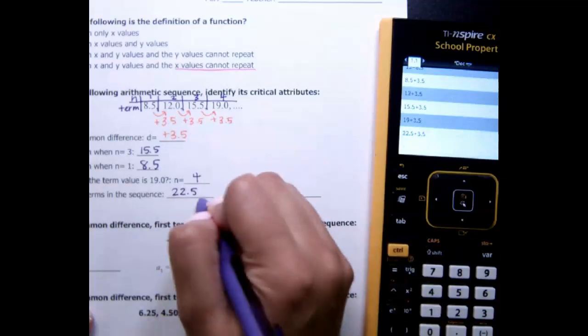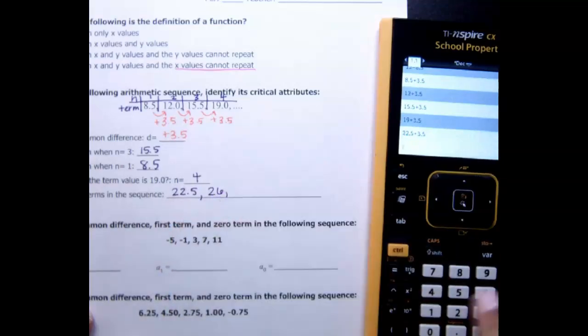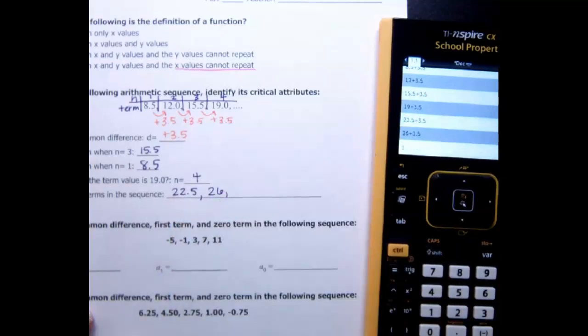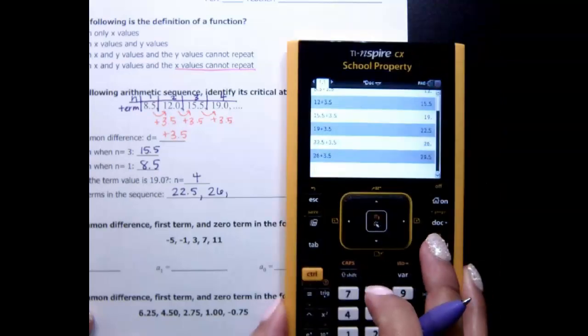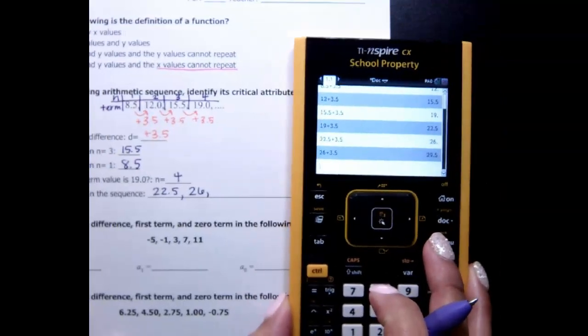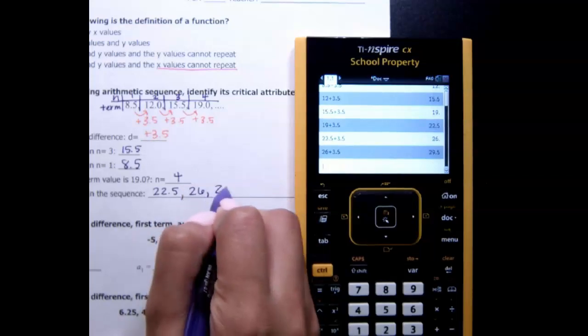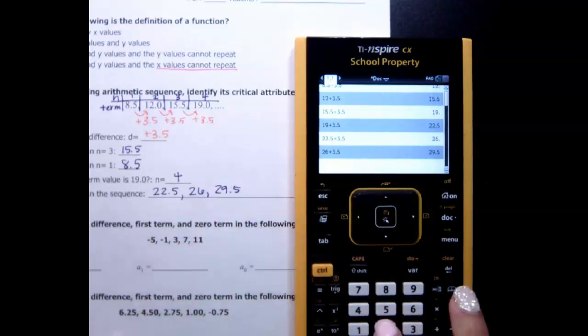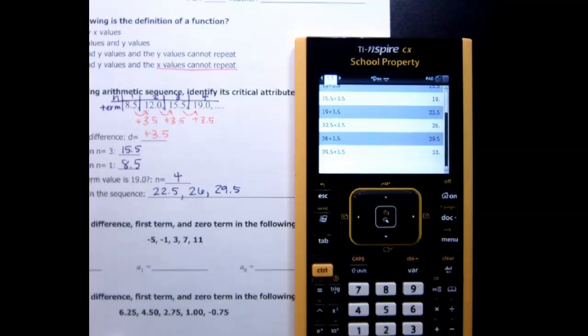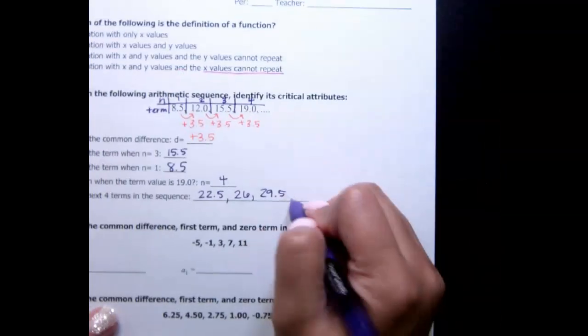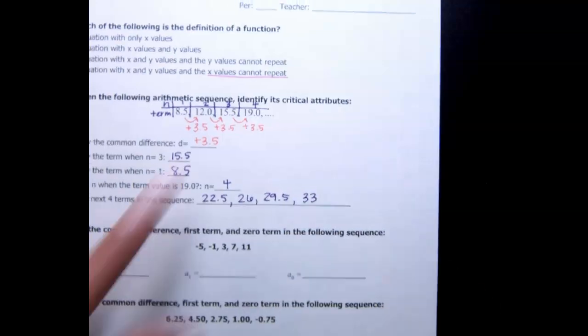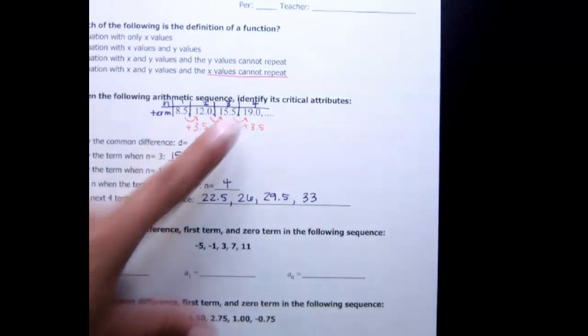You just continue the pattern. 26 plus 3.5 is 29.5, and then 29.5 plus 3.5 is 33. So once you know that common difference, that's how the pattern keeps going.